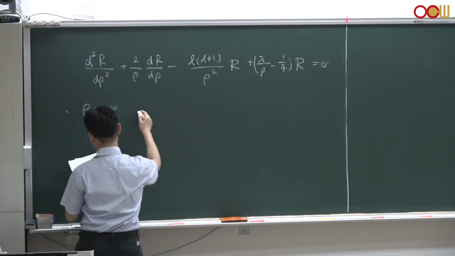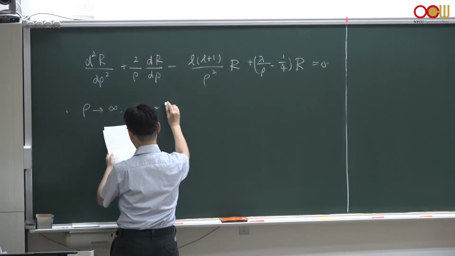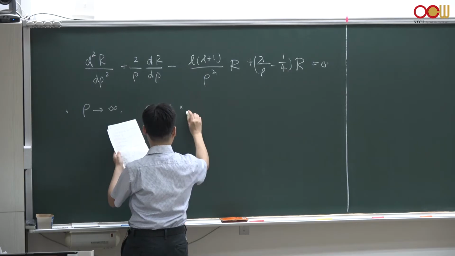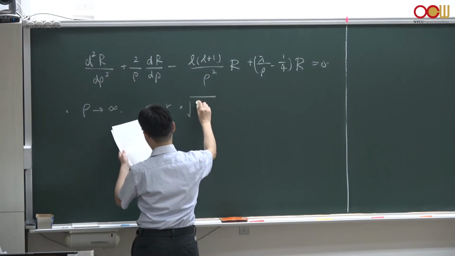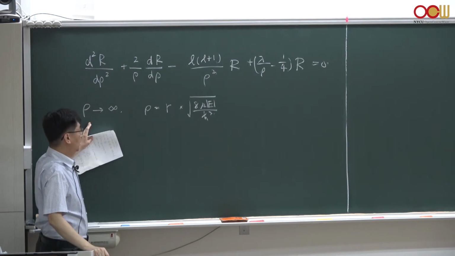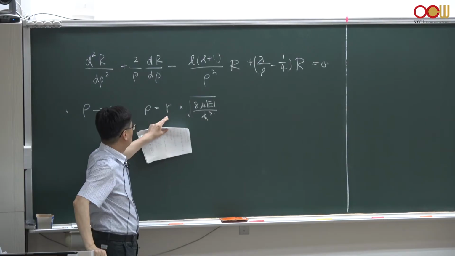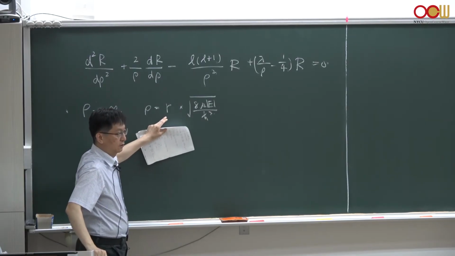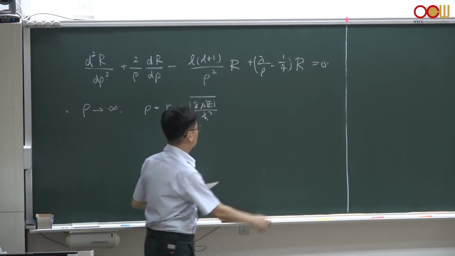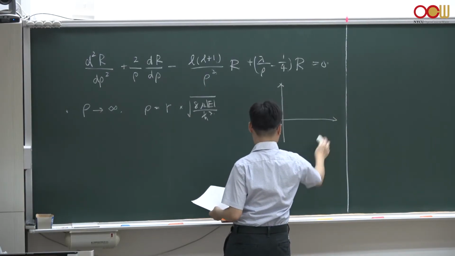Remember the rho, so let me just remind you what this rho is. Rho is proportional to the distance times this prefactor. Let's look at this limiting case where rho goes to infinity. It means that the r here, the radius, is actually infinity, which means that we are far away from the nucleus core.